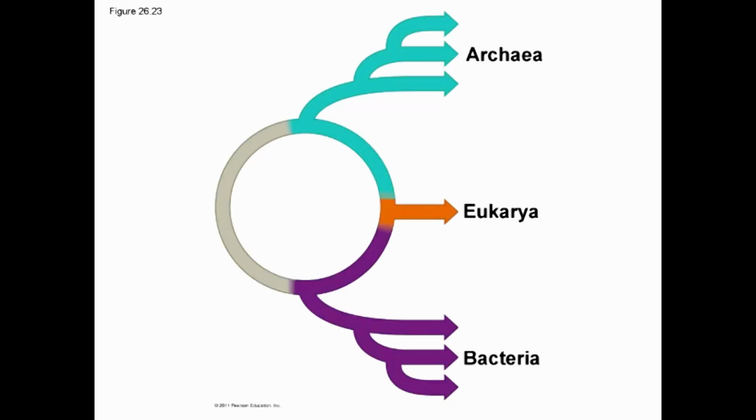So it's thought that a ring may be a better representation of how our life came about, or who our common ancestor may be. So this would be the branch point of our bacteria, the branch point of the archaea, and then basically this single divergence of our eukarya from there.